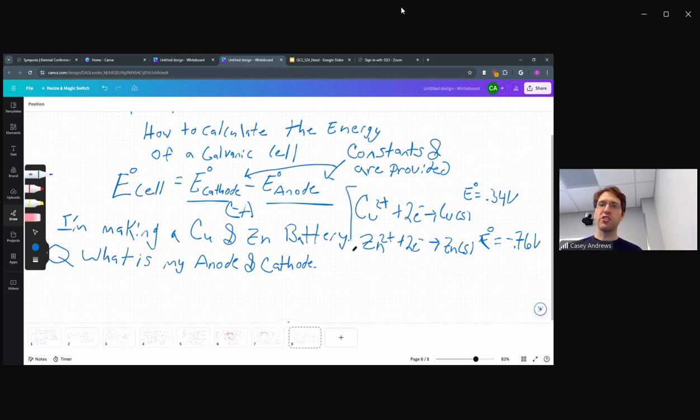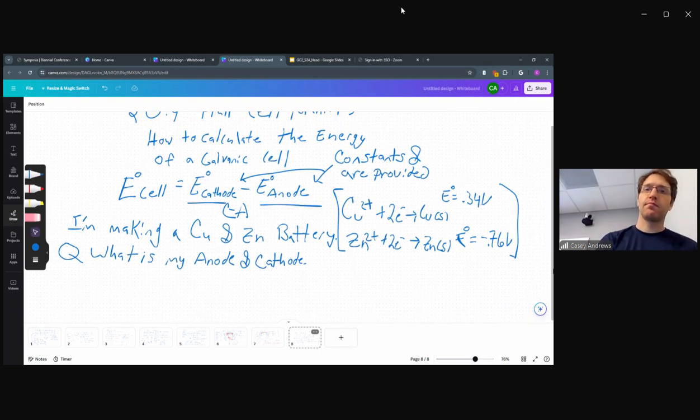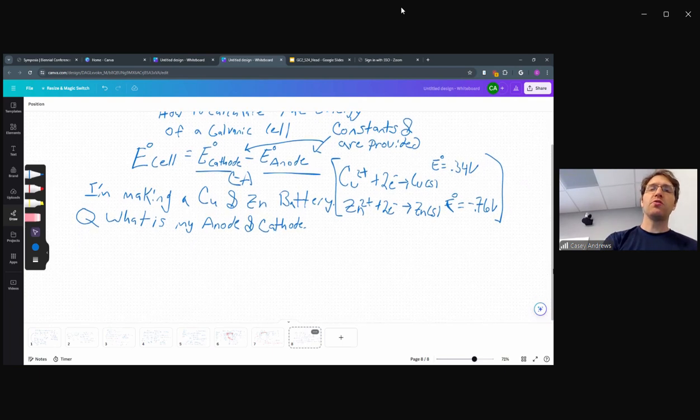And as long as you are given these cell potentials, that's all the information you need to know what your cathode and what your anode is. So let's do this example calculation. It's the last thing I'm going to teach you.